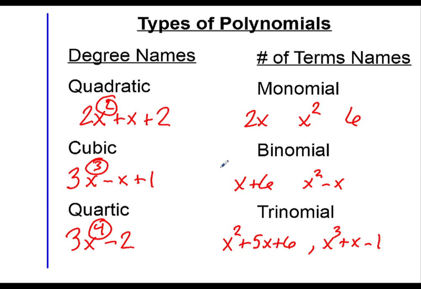So we call it a quadratic trinomial. This one right here is a quadratic binomial, and this is a cubic trinomial. So we can have multiple names for a polynomial, both for the degree and their terms.